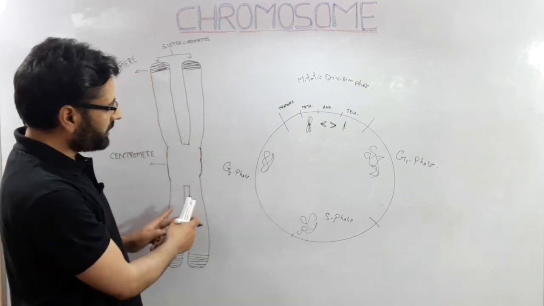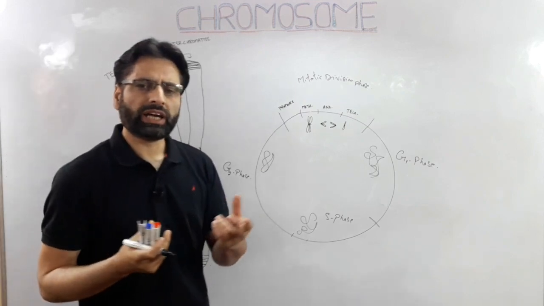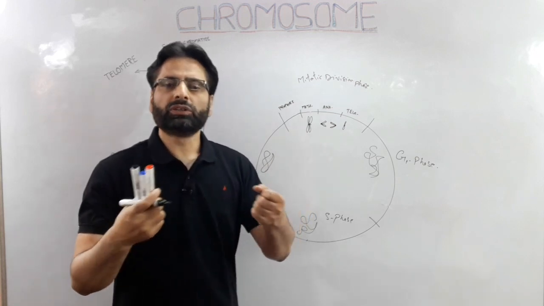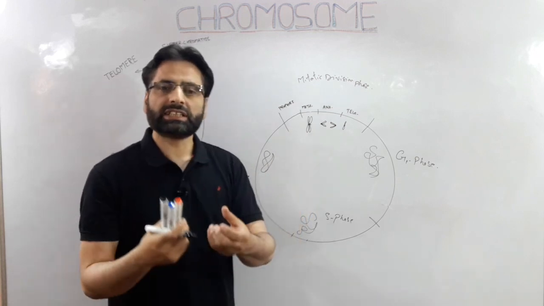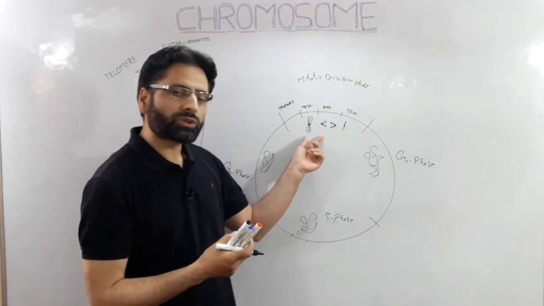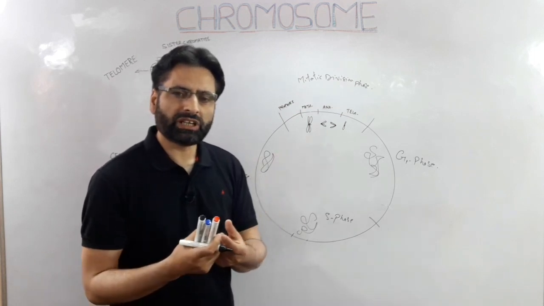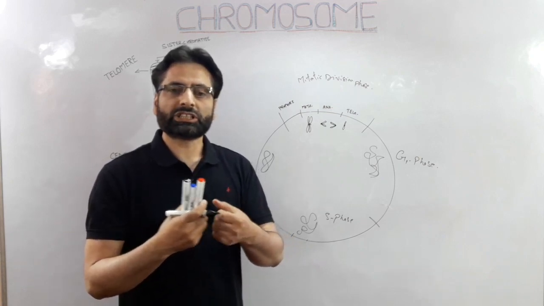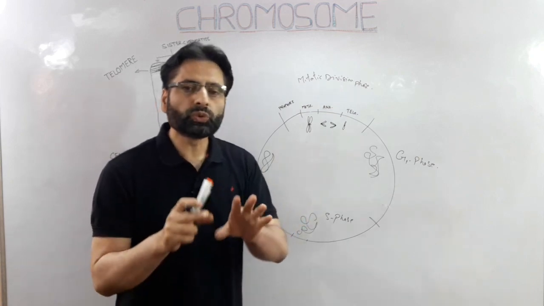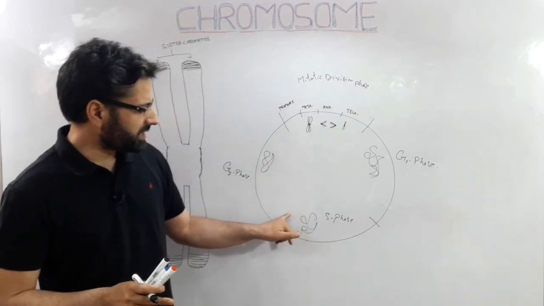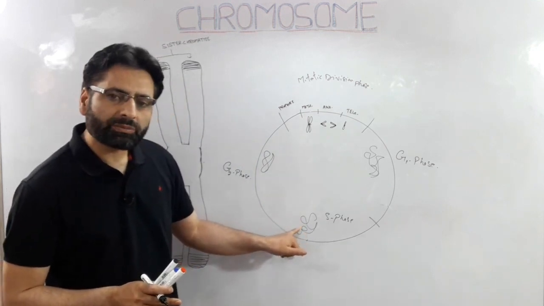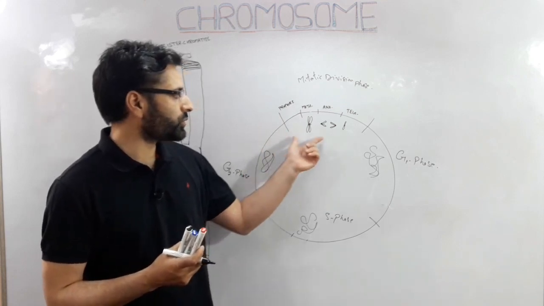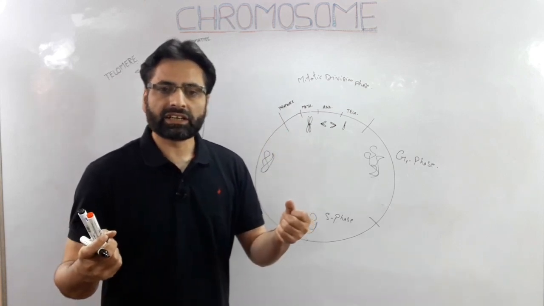This high degree of condensation, as you know, helps the chromosome to segregate easily into two dividing cells. That is, it is easy for the genetic material in the condensed state to get separated into two cells. If it is in a decondensed state or fiber-like structure, then it will be very difficult for the chromosomes to segregate.